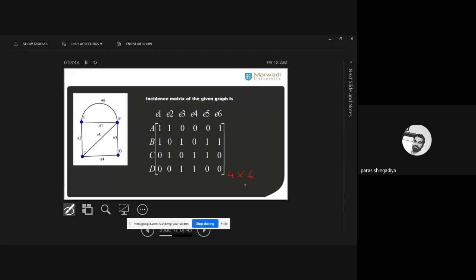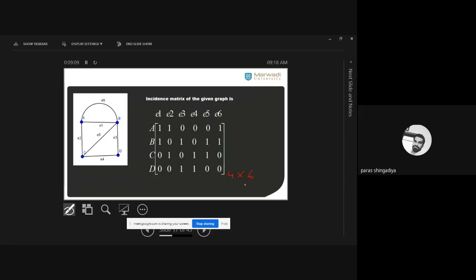So the 4 vertices indicate the 4 rows. Vertex A is for the first row, vertex B the second row, C the third row, and D the fourth row. And 6 edges are mentioned. A name is also given to all the edges: E1, E2, E3, E4, E5, E6.